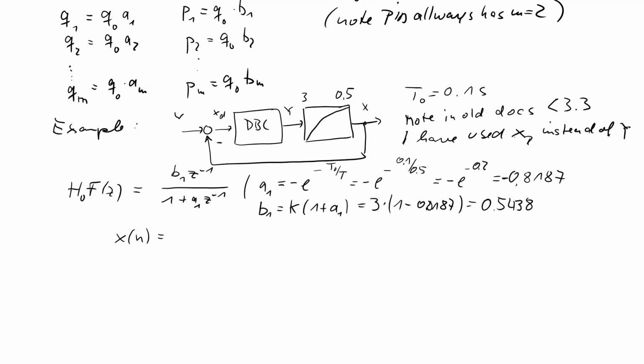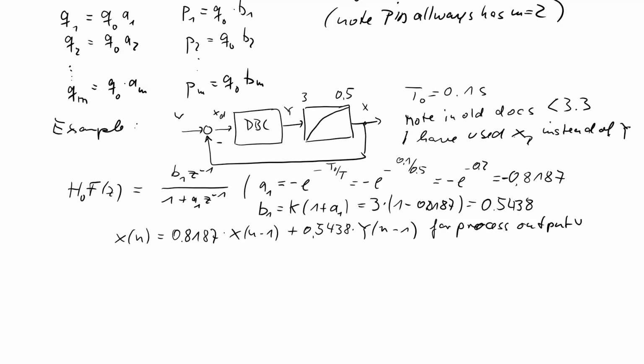X of n is negative A1, which is 0.8187, times X one step before, plus B1, which is 0.5438, times the input value delayed by 1, n minus 1, caused by the z to the power of -1 here. Let's see, for process output values.